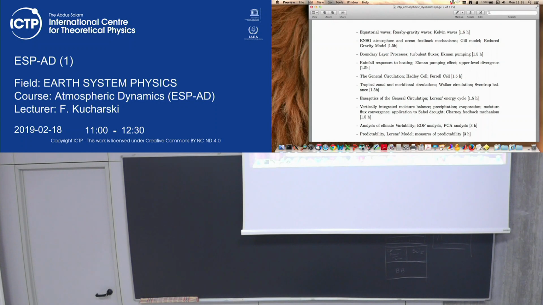Then we discuss also circulation cells that are more in the tropical regions, the Walker circulation. Have you heard about the Walker circulation? Who knows what the Walker circulation is? Okay, so somebody can learn something here. You probably also know what Sverdrup balance is. People who are interested in the ocean probably know this. But it's also important for the atmosphere.